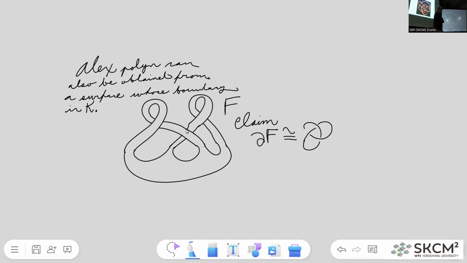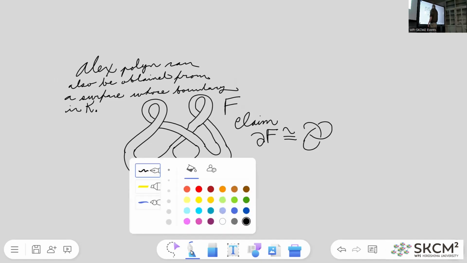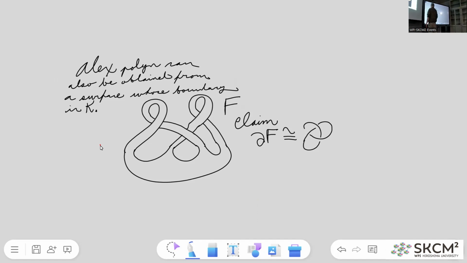Okay, but I've drawn it as a disk with attached bands that have some curling in them, and the way this happens is as follows. You look at a fundamental collection of curves on the surface. I'm going to draw them and then say why I regard them as fundamental.